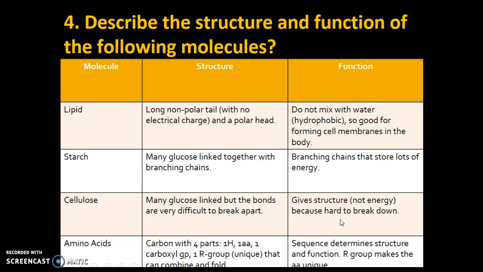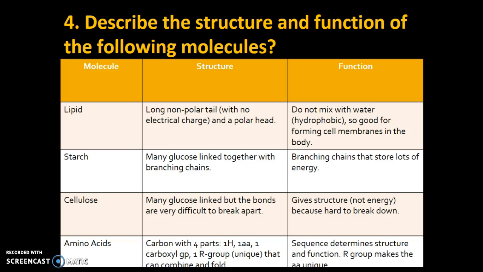Amino acids. We have that central carbon with 4 parts attached to it, 1 hydrogen, one amino group, one carboxyl group, and the R group, which is unique to be able to combine and fold to create that specific protein. And then the function is that sequence is going to determine the structure of the protein and the function.